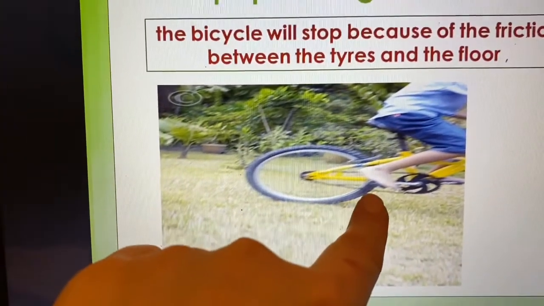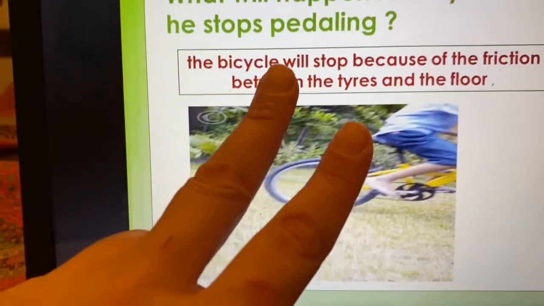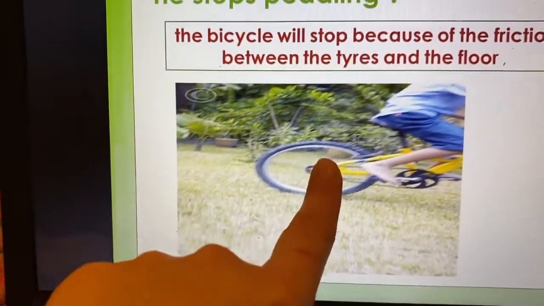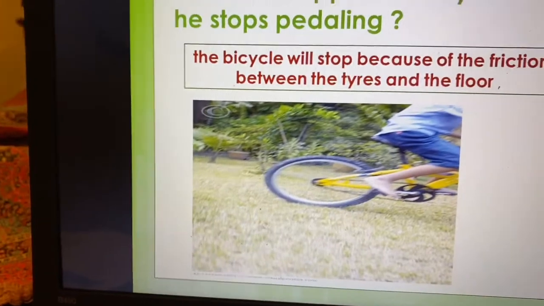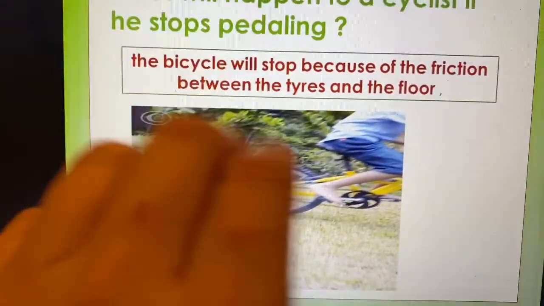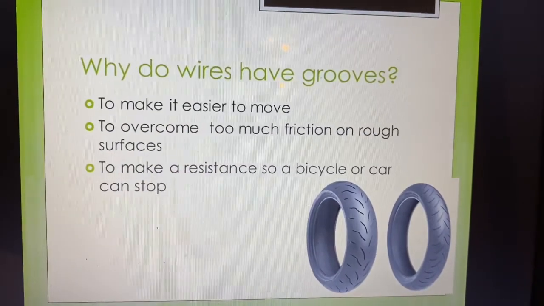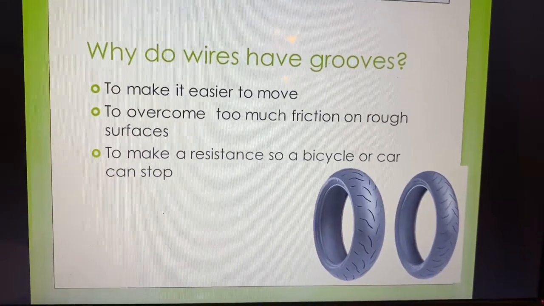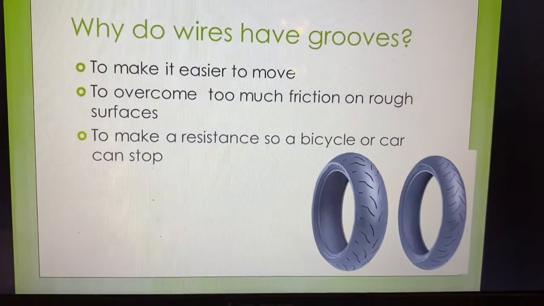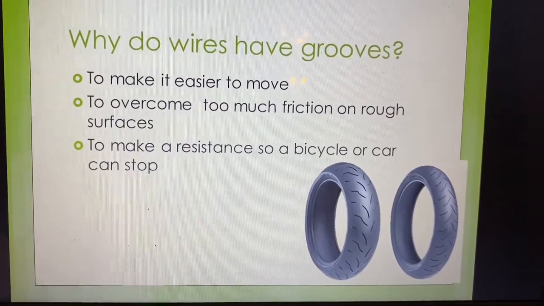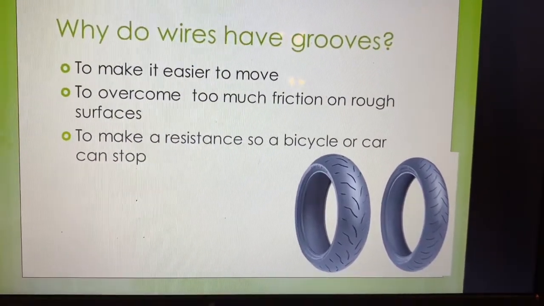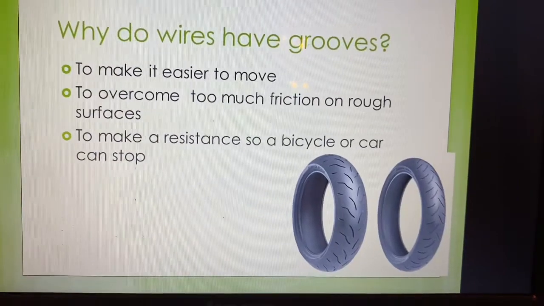So these grooves help two things: for the bicycle to start moving and for the bicycle to stop. Okay, we need the grooves to overcome the friction on rough surfaces, to start motion, and to help the car or bicycle stop.